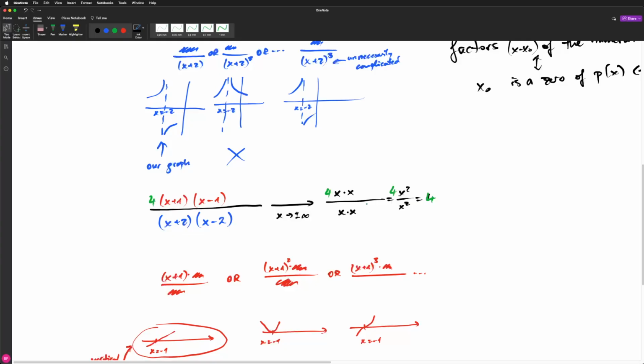And just to check, I think this is good enough. I will check the answer key shortly. But f of 0 is going to be 4 times plus 1, wherever I see x, I plug in 0, right? 2 times negative 2. And minuses cancel each other out, and that is 1.